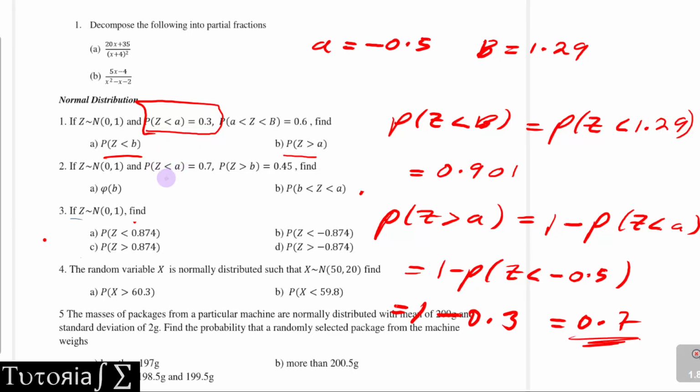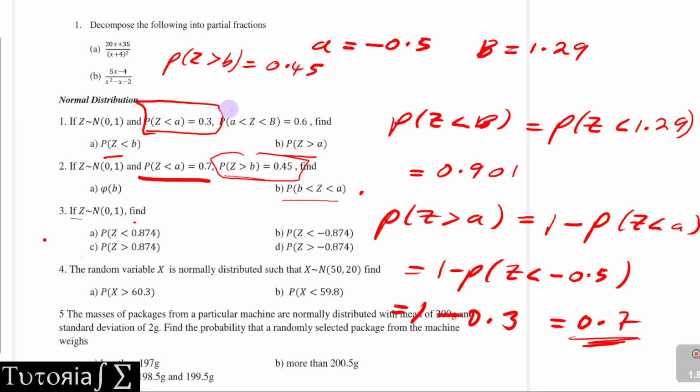Then, yeah, so same applies here. You can do the same thing that we've done here. So you're looking for probability. So here, first of all, you find the probability of Z. So if you can look at this one, we have greater than. So we have probability of Z greater than B equal to 0.45.